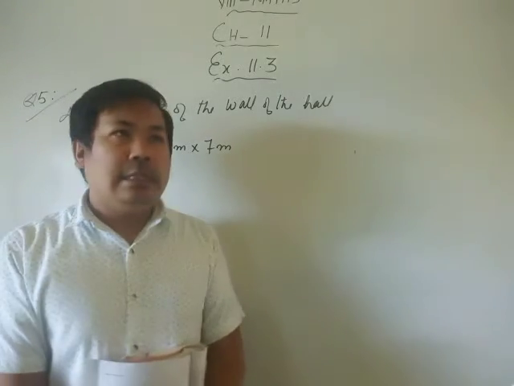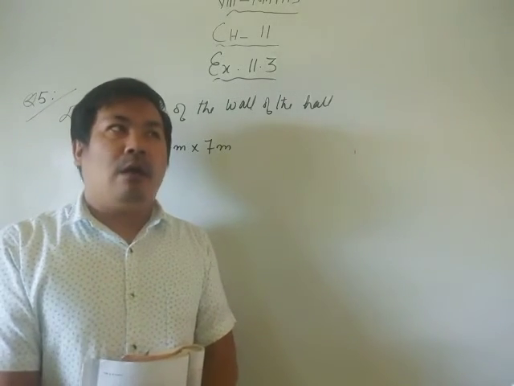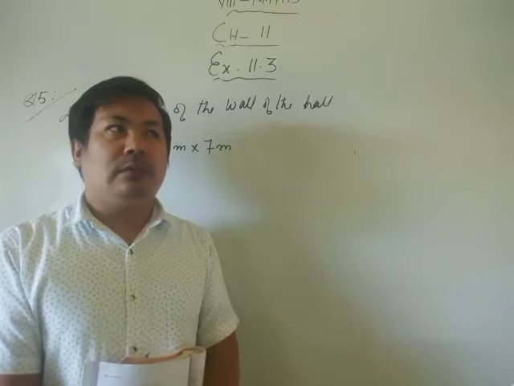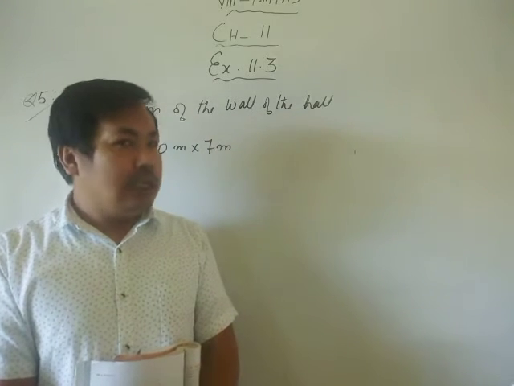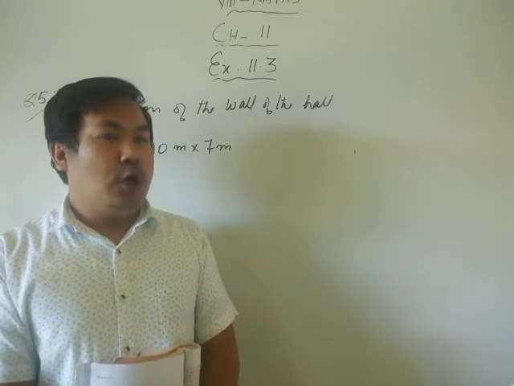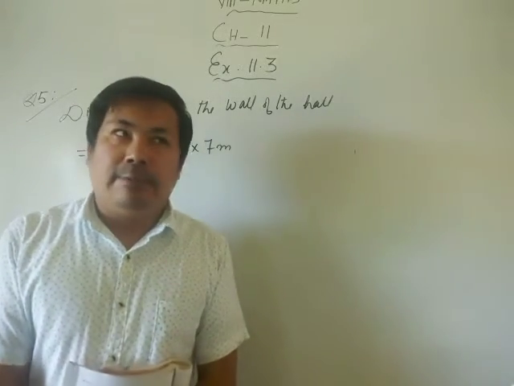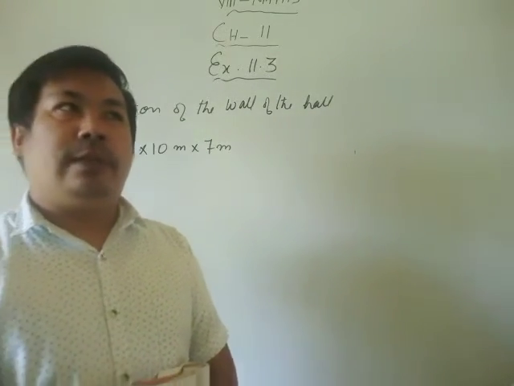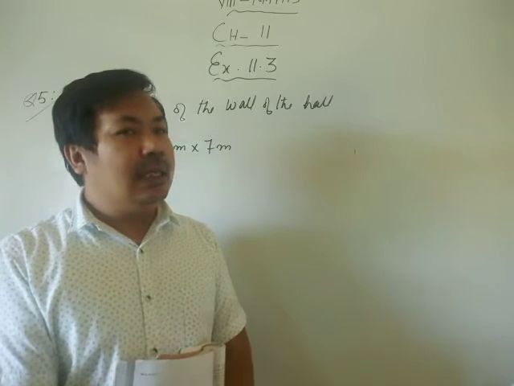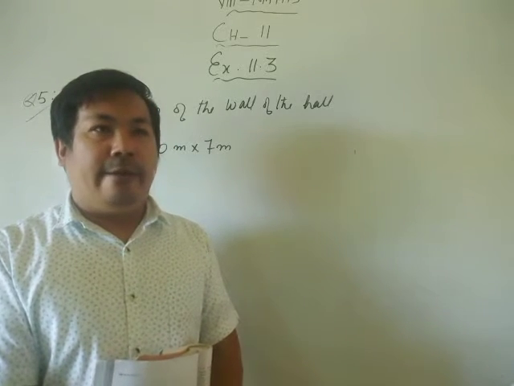So if we subtract the area of one surface from the total surface area of the room, means cuboid, then we get the total surface area to be painted.